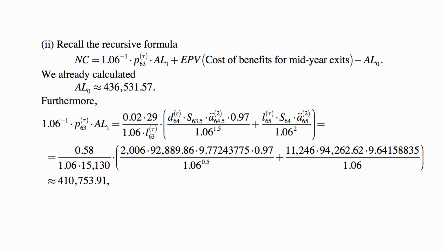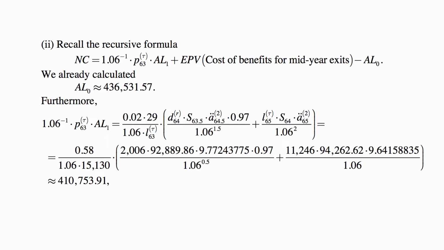So the crucial insight for the way the current textbook for the exam phrases it is that it effectively makes you work with what I like to call the recursive reserve formula. Actuarial liability or accrued liability is like the reserve and normal cost is like the premium. And what is the main recursive reserve formula?